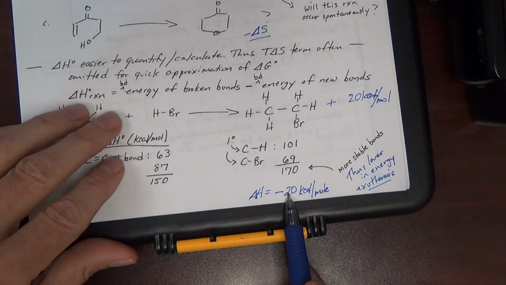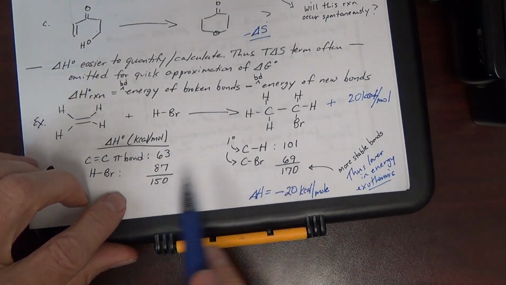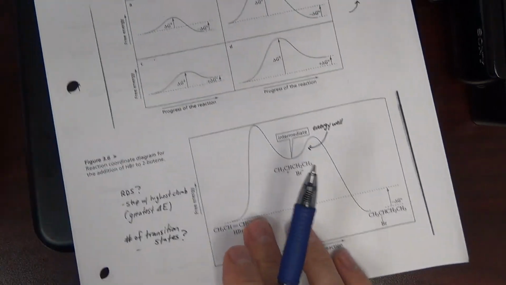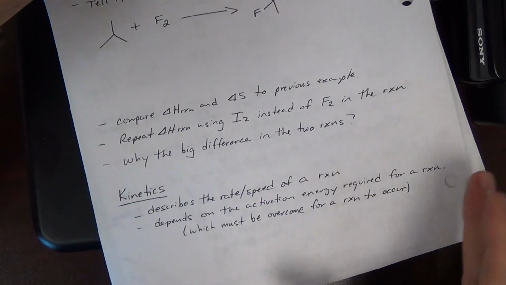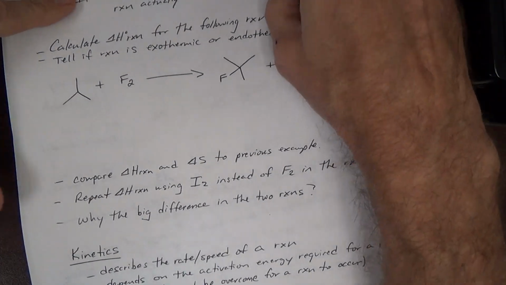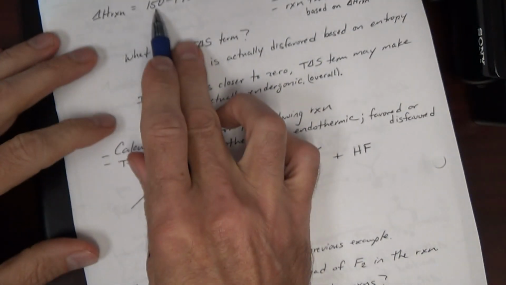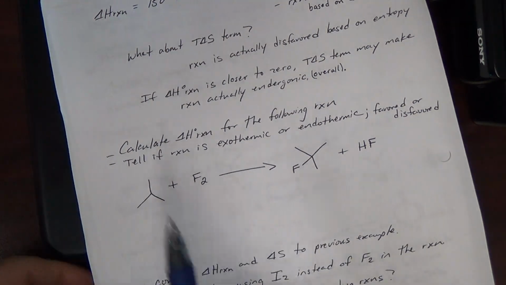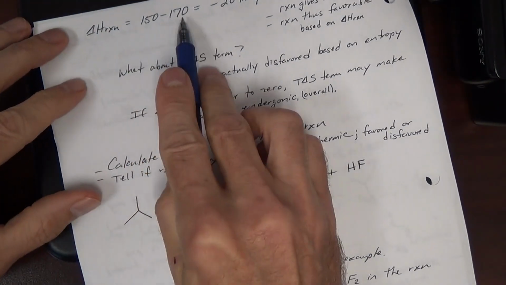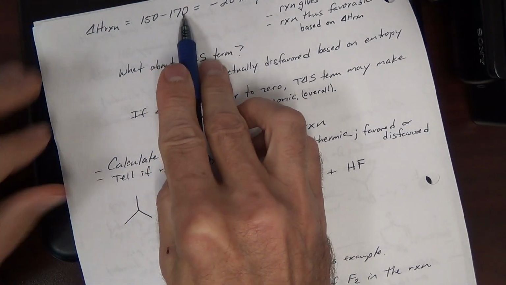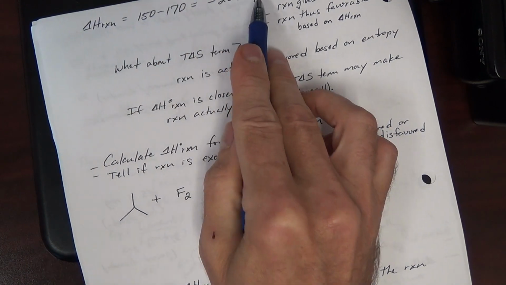How did I know this was going to be negative 20 and not positive 20? Well, I explained that. Now, you may have just sort of memorized that you subtract one from the other. Which one is that? 150 products minus what is that? Reactants minus products, minus 20?